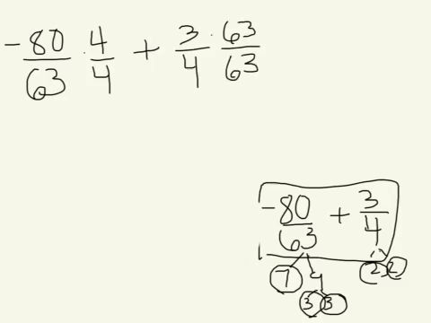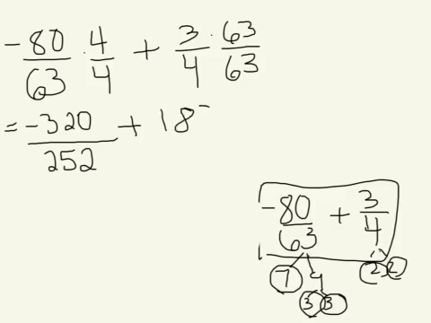And so we end up with negative 320 over 252 plus 3 times 63, 189 over 252.